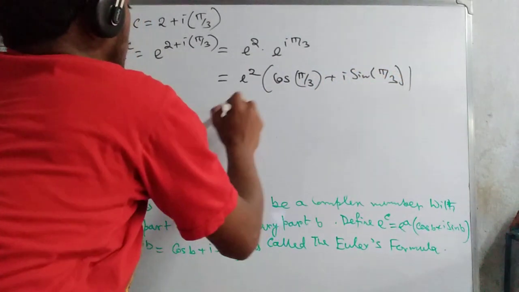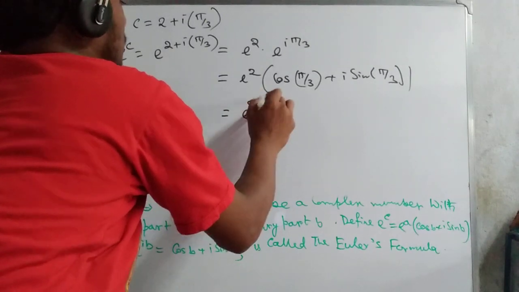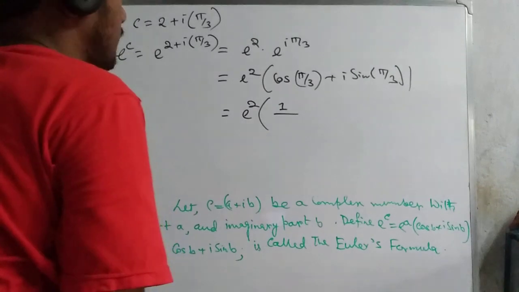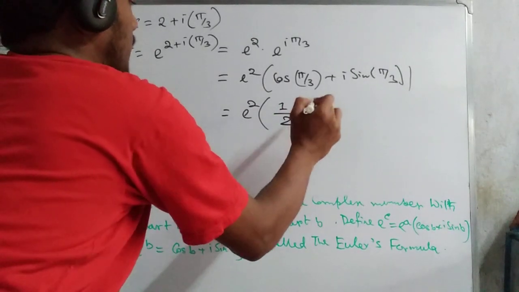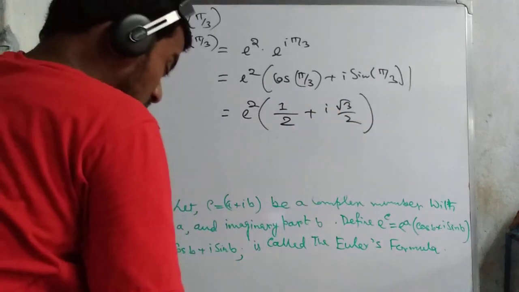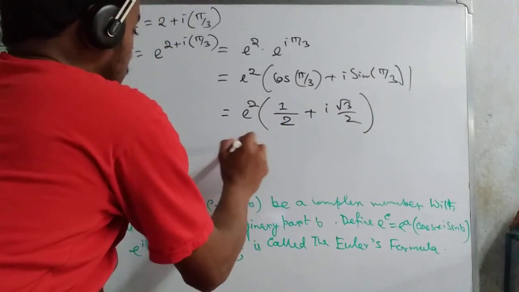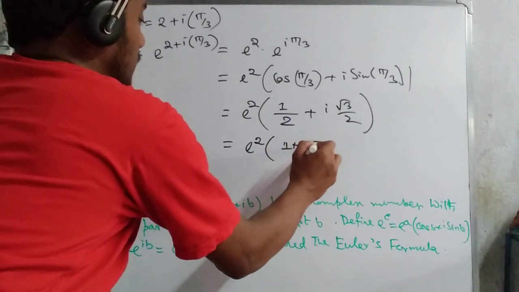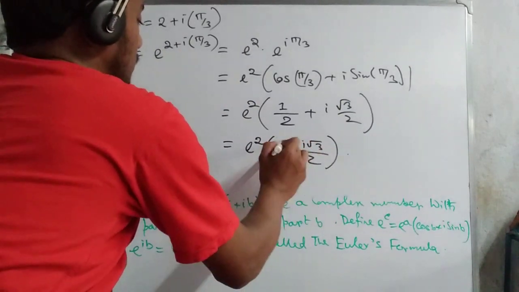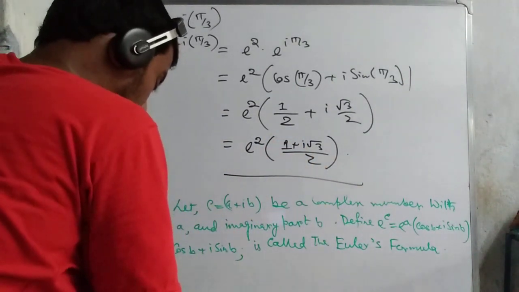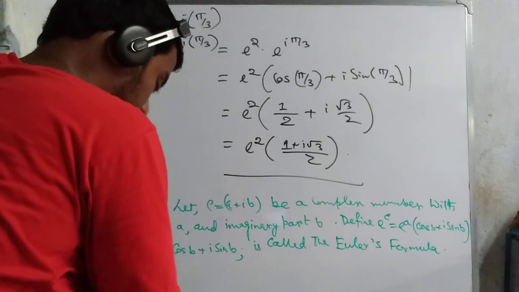Here cos pi by 3 is 1 by 2, and sin pi by 3 is root 3 by 2. Understood? So the result is e squared times (1 plus i root 3) by 2.